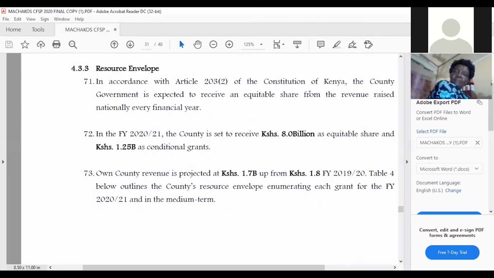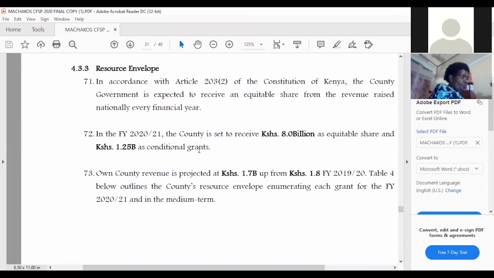So in accordance with Article 203(2) of the Constitution of Kenya, the county government is expected to receive an equitable share from the revenue raised nationally every financial year. So in the financial year 2020-2021, the county is set to receive 8 billion as equitable share and 1.25 billion as conditional grants.